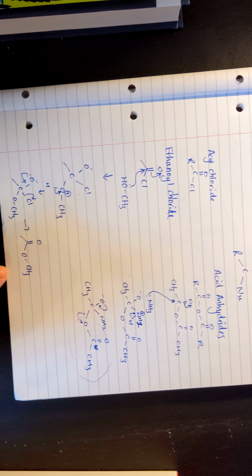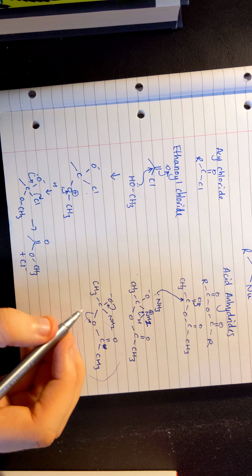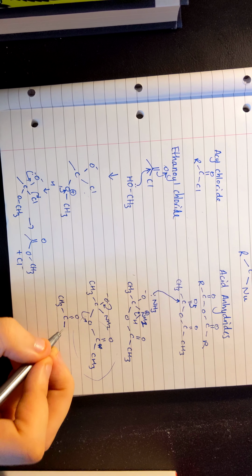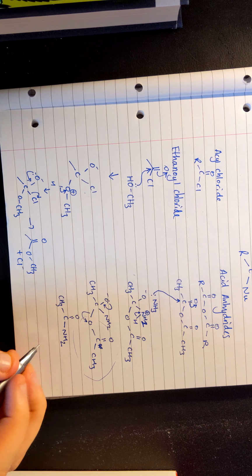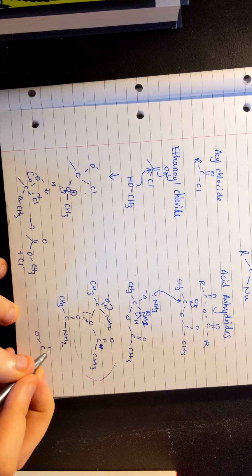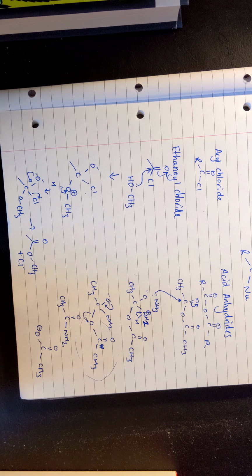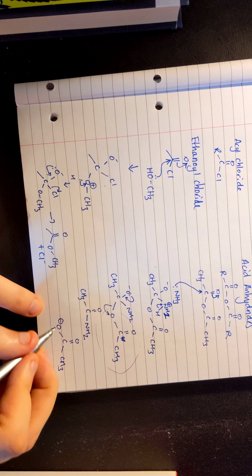I should probably also add plus Cl minus over there. So for this one, we then form a primary amide. And we form the carboxylate ion. So this is called the ethanoate ion.